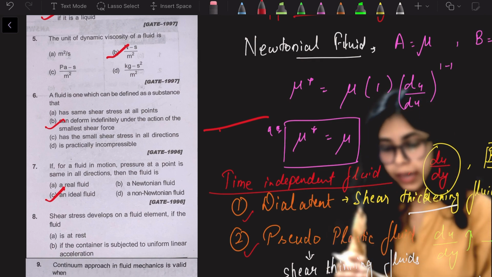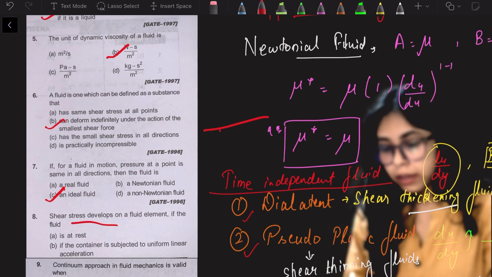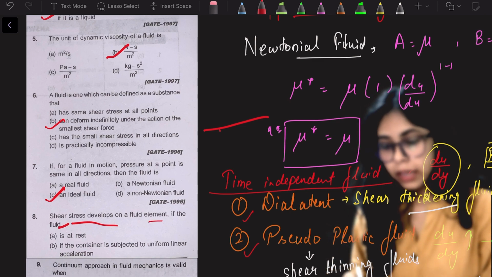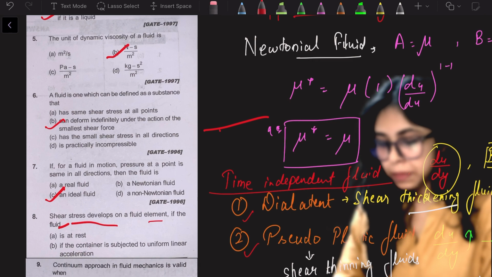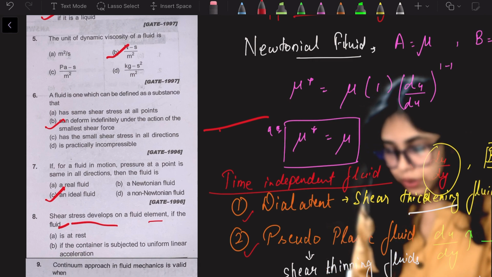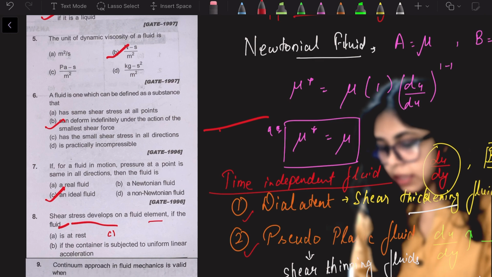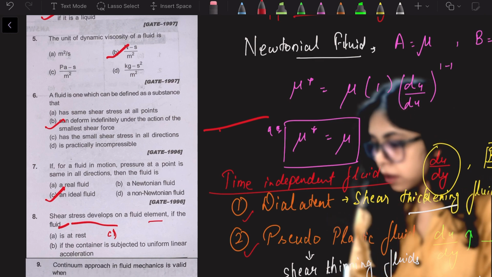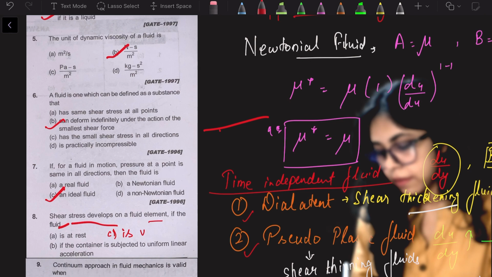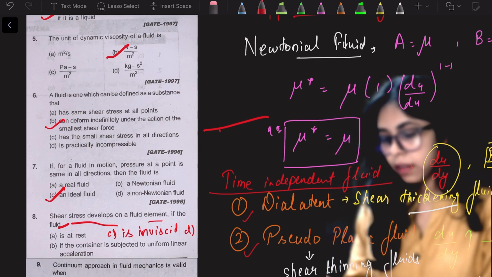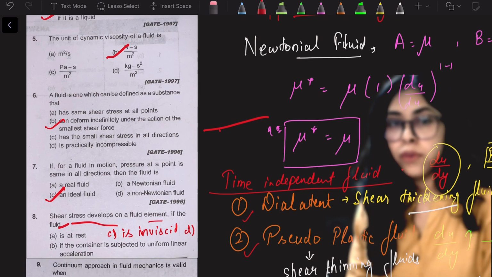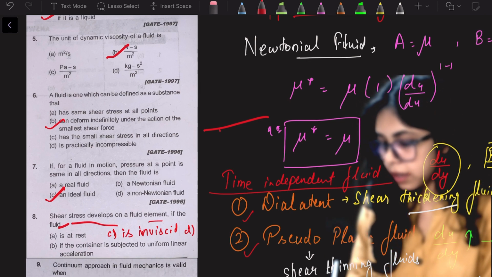Now it is question number 8: shear stress develops on a fluid element if the fluid is at rest, if the container is subjected to a uniform linear acceleration. There are two more options that I missed somehow. C is if the fluid is inviscid, and D is if the fluid is viscous and the flow is non-uniform.